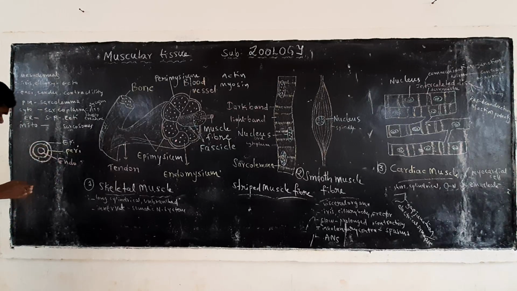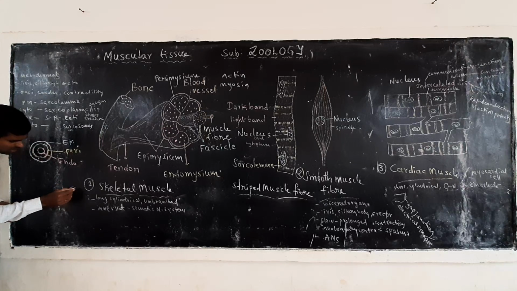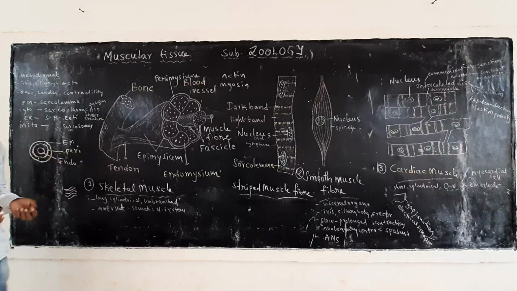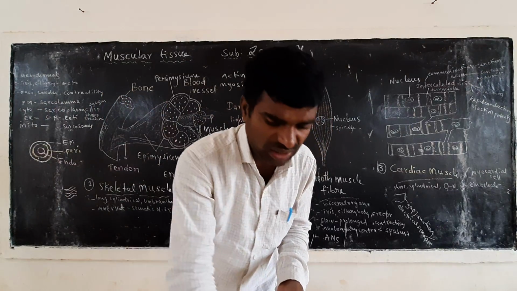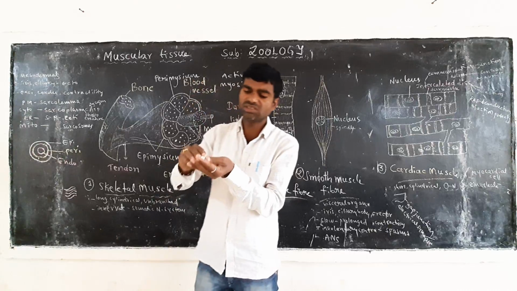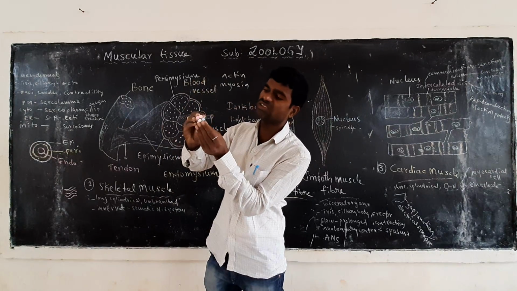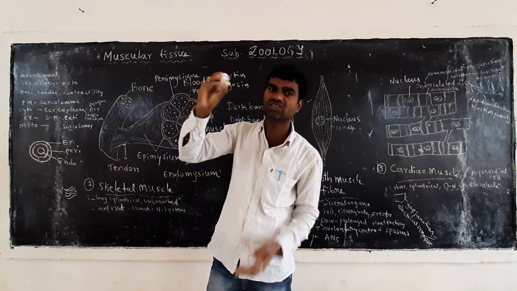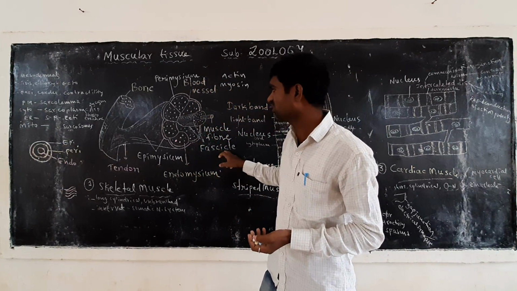Likewise, the layers are formed. Now, muscle fibers form bundle-like structures. These bundle-like structures are called fasciculi.